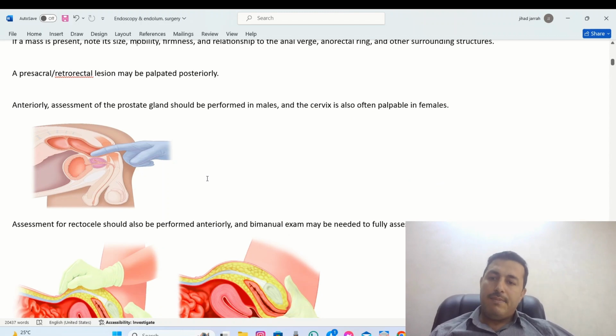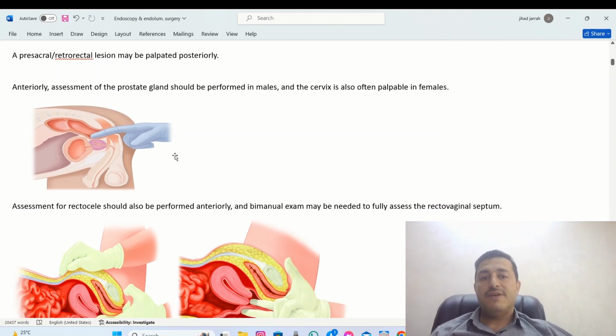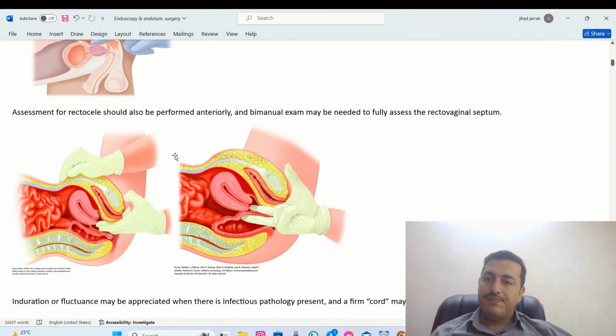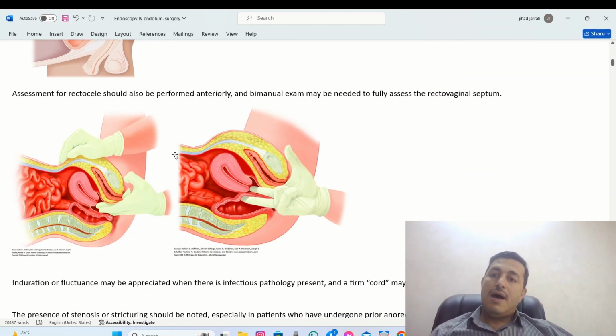Anteriorly, in males, you can palpate the prostate, and you may notice a high-riding prostate, which indicates a trauma to the urethra, and the cervix in females can also be assessed.